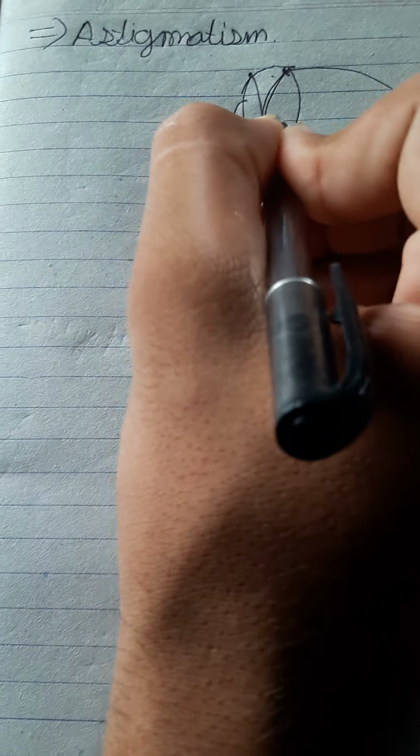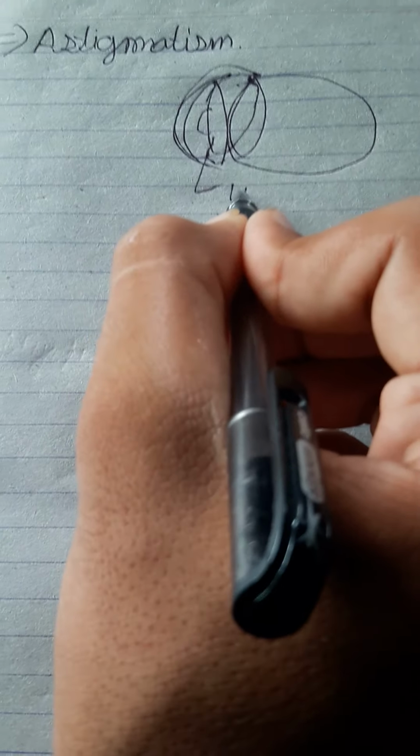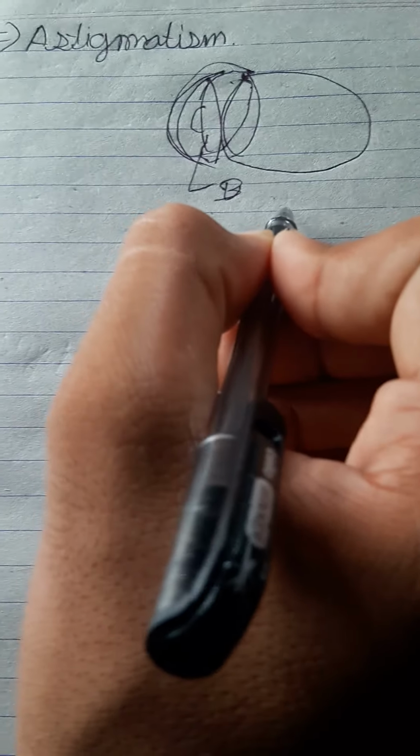So now astigmatism. This is the defect of the outer curvature of the surface of the eyeball causing visual distortion.